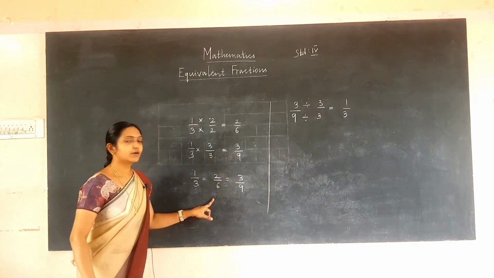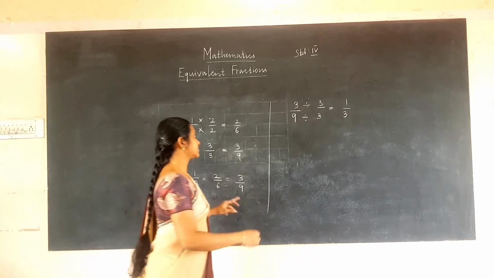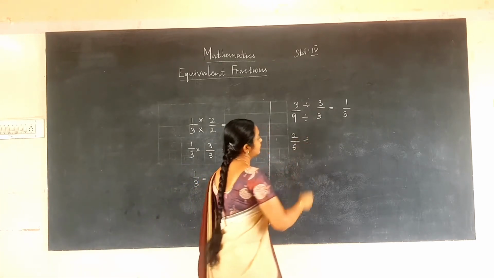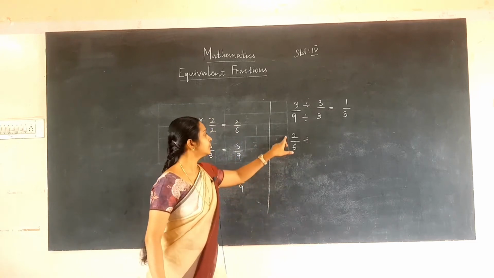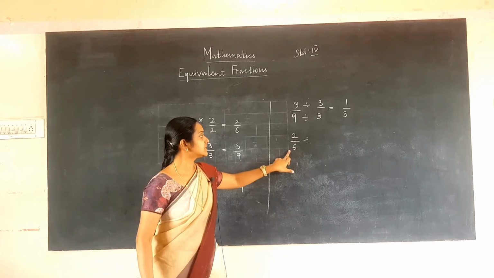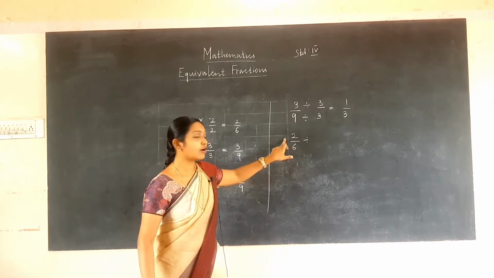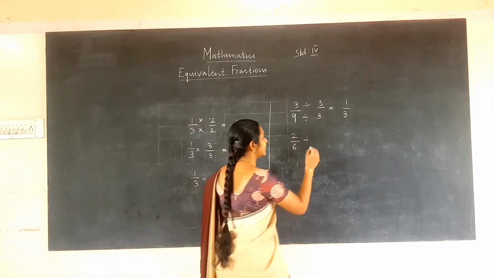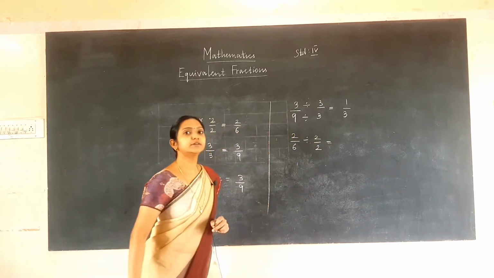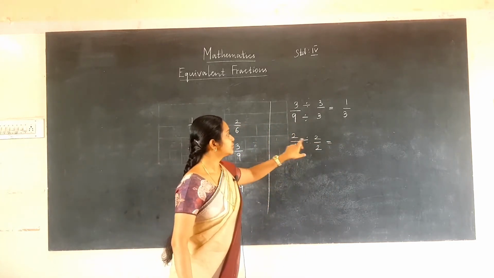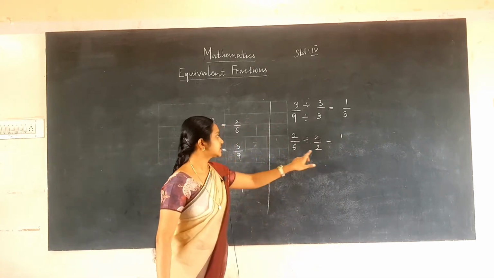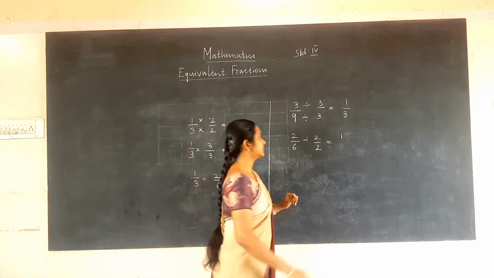And now consider 2/6. Now we have to divide both the numerator and denominator with the same number. Here 2 is the common factor for them. So let us divide it by 2. 2 divided by 2 is 1. 6 divided by 2 is 3.